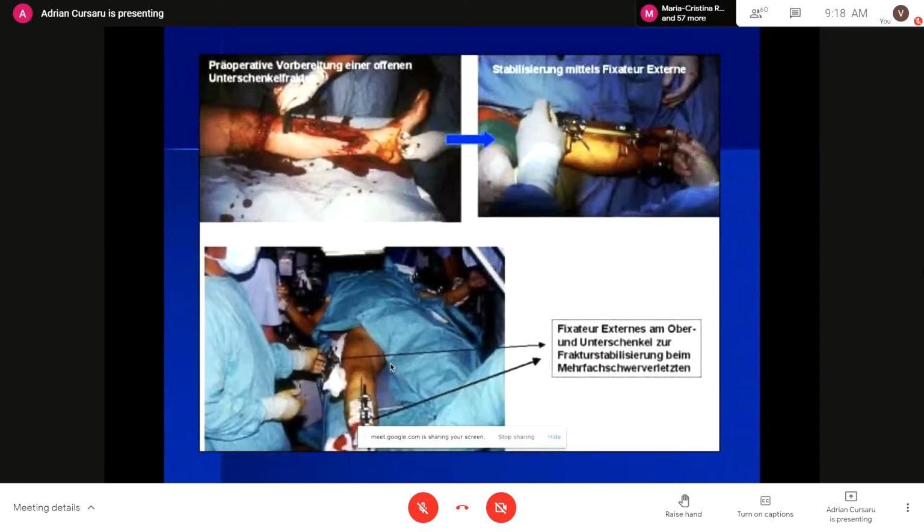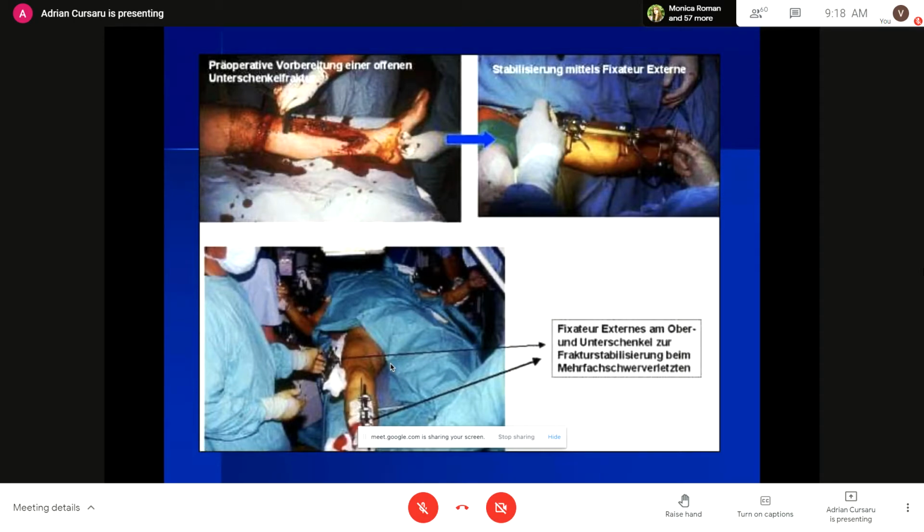And then the advanced life support: that's a type 3 Gustilo-Anderson open fracture, and we have a complete rupture of the tibial artery, and it is very important to make a correct diagnosis and to make correct maneuvers for the hemorrhagic shock.